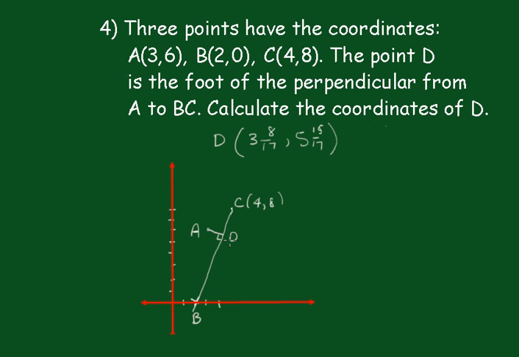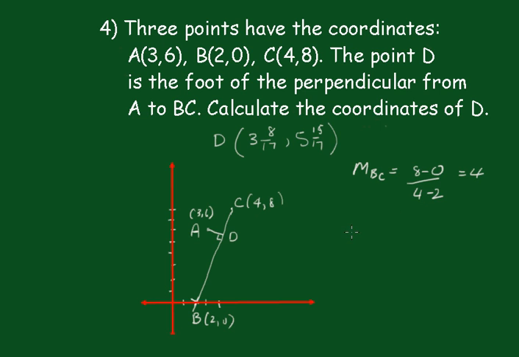First of all, I'll work out the gradient of BC. The points are (2, 0) and (4, 8). So BC has the gradient of 8 take away 0 over 4 take away 2, which is a gradient of 4.